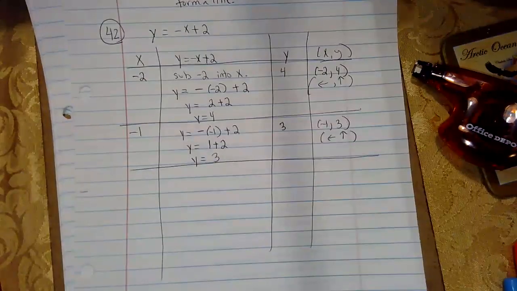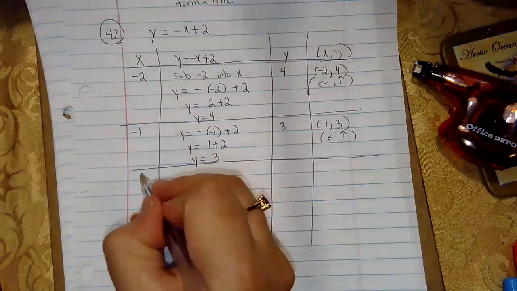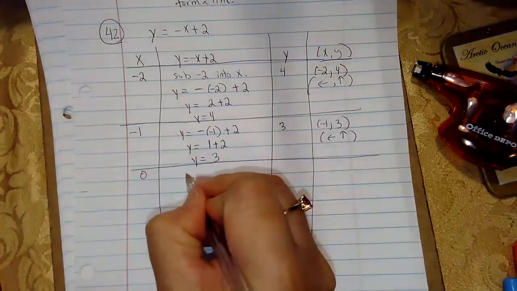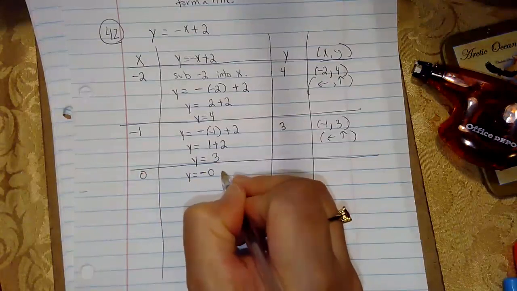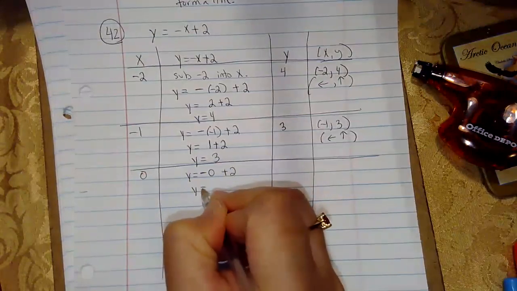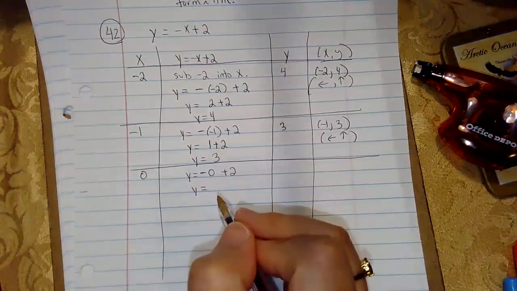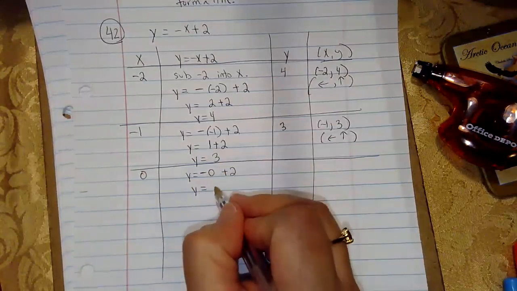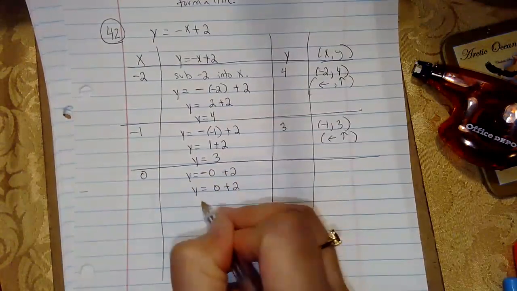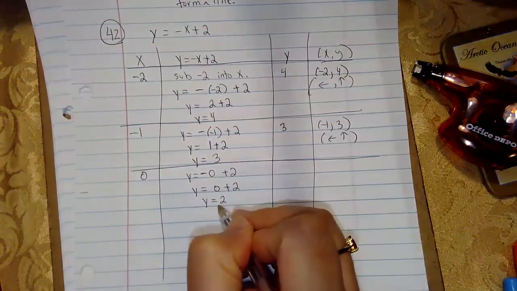Okay, then we have 0. Y equals a -0 plus 2. Now really 0 is neutral. I mean 0 is not really positive or negative. 0 is like a neutral number. So I'm going to just put 0 here, plus 2. Should just give us 2.